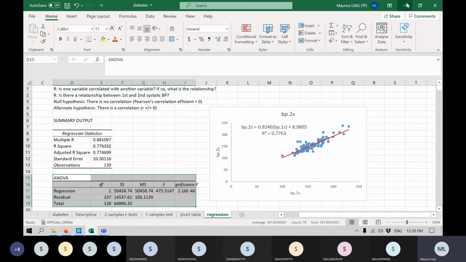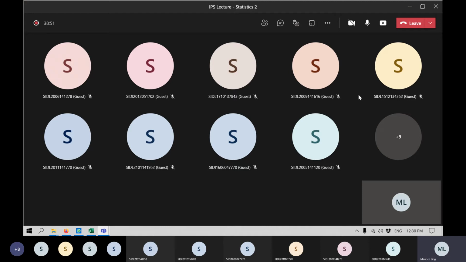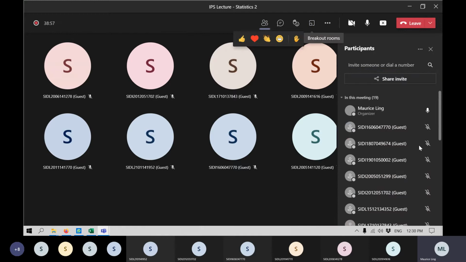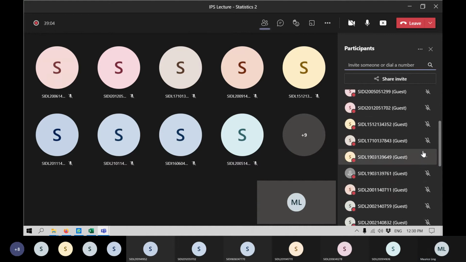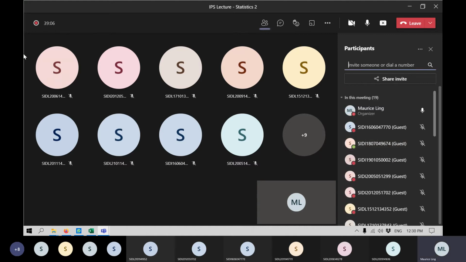By instinct, how many of you think that there's a relationship between ANOVA and regression? Just raise your hands. Just want to see how many people. Or you never even thought about that before? That is, is there a relationship between ANOVA and regression?